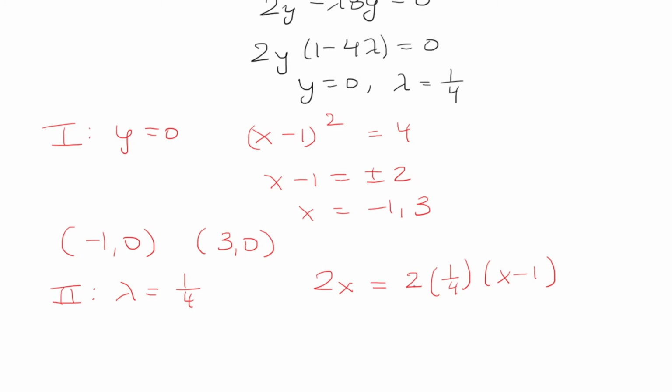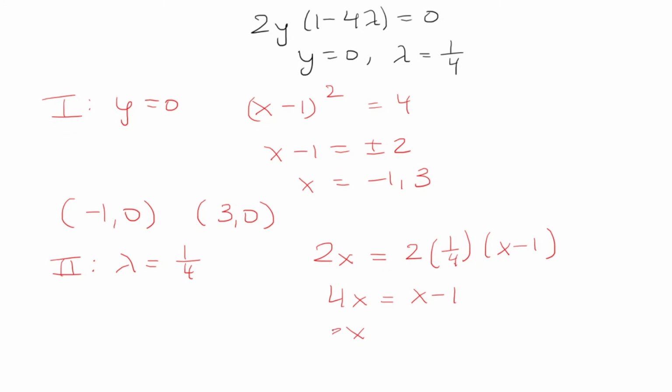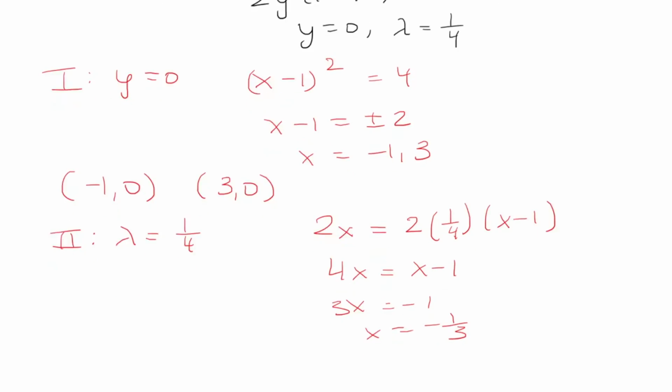So 2 times 1/4 will be a half. Multiply both sides by 2, you get 4x equals x minus 1. And then you have 3x equals negative 1, so x is negative 1/3.